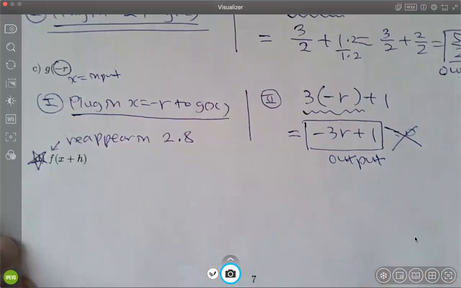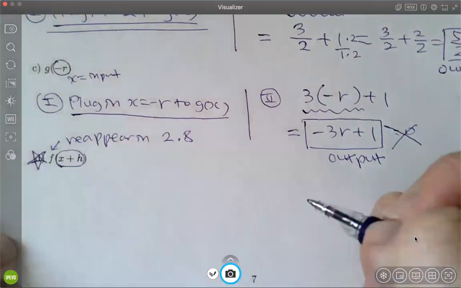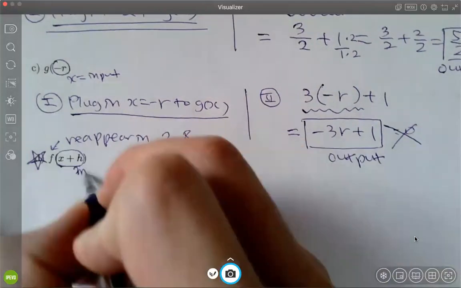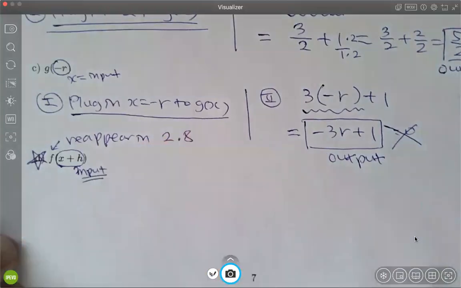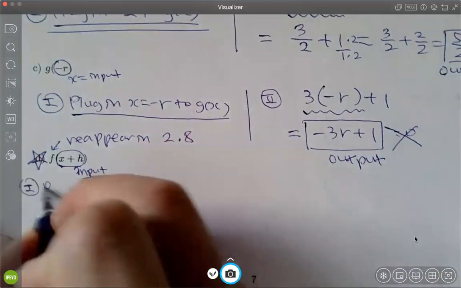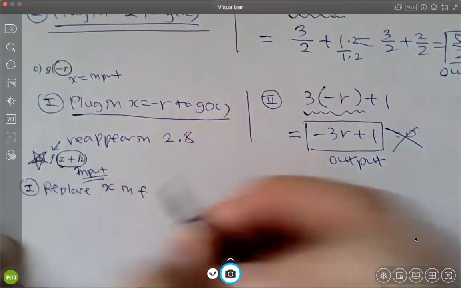Plug that whole thing in for x into the f. So here, that is the stuff inside parentheses, so that becomes the input, right? Okay. So replace x in f by x plus h.